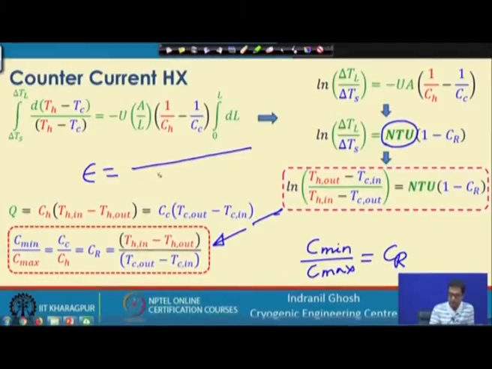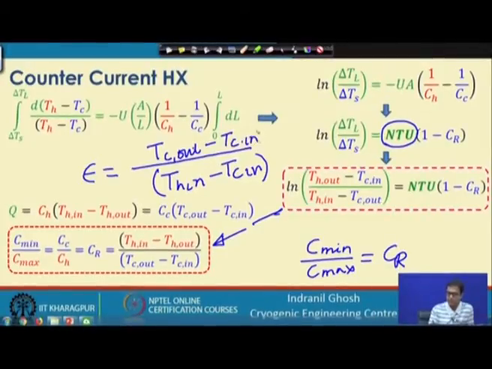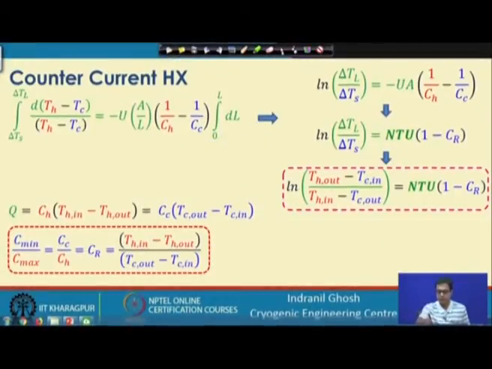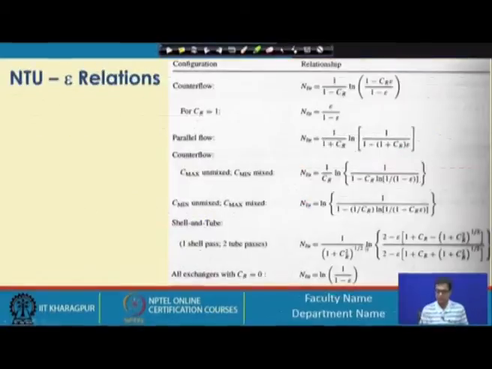So, we will try to relate it in terms of (T_H,in − T_C,in) and (T_C,out − T_C,in). This C_C and C_C are cancelling from both the denominator and the numerator. So, with these three equations, if we now manipulate, we will find the final expression.